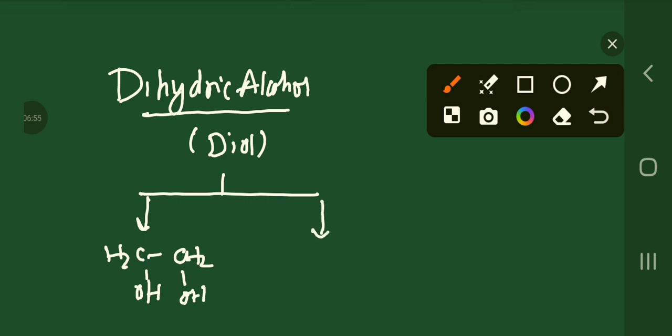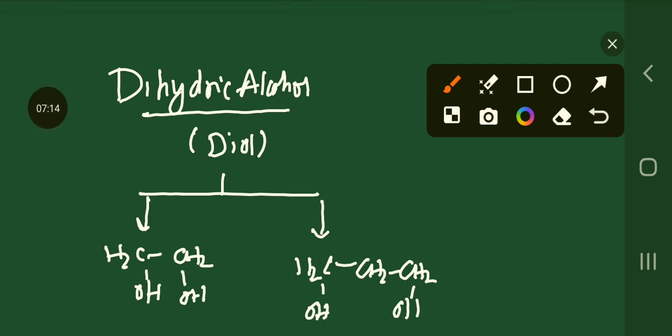Now in the second example you can see H2C, OH, CH2 bond CH2OH. Both are examples of dihydric alcohol or considered as diol.